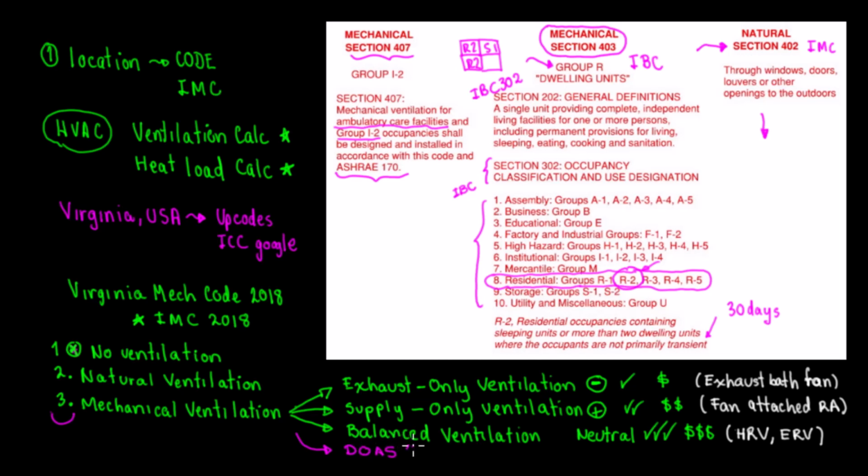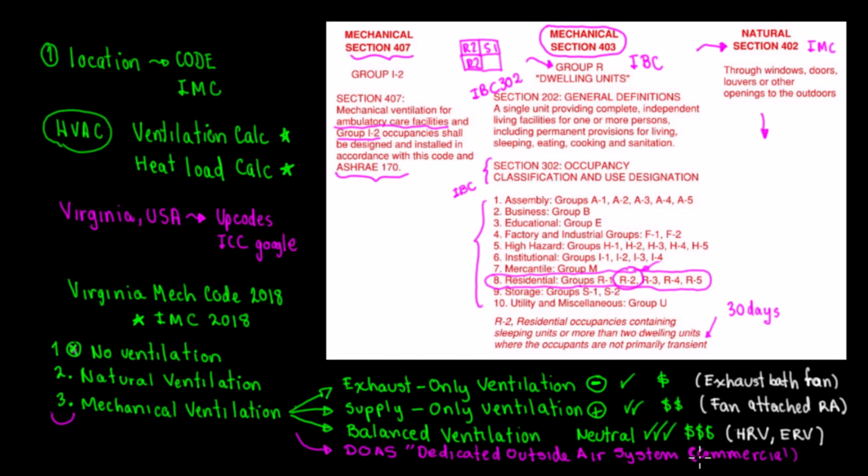I'm going to put that in here because that's also very important. That's more for commercial than residential. In there they also have the ERV, and they have to comply with energy requirements.